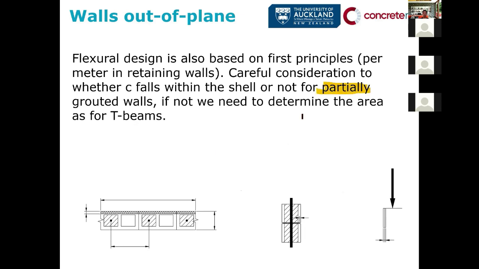The only little detail that we need to consider in here is if we have a partially grouted wall and the neutral axis depth is larger than the shell of the wall, then we need to determine the area as if it was a T-beam, because the area then becomes like this.